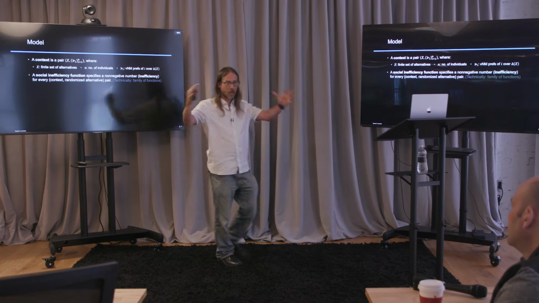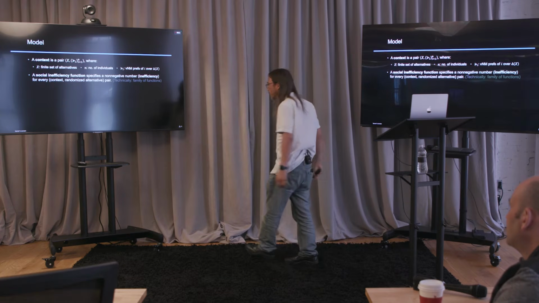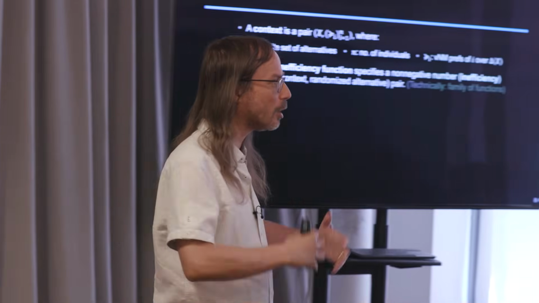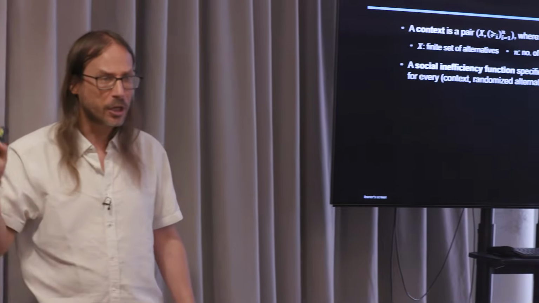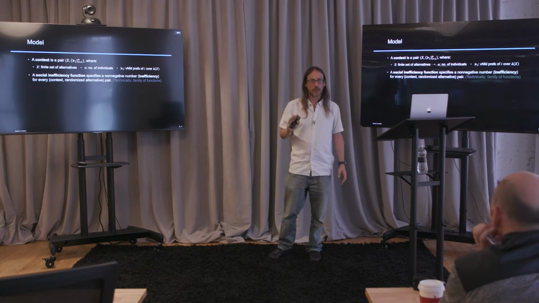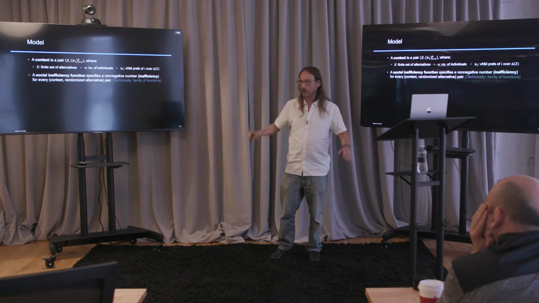So we can ask in this context, this specific lottery over alternatives, what's the inefficiency of this? I should note before the mathematicians in the audience object, I know this is not a function technically, there is no set of all contexts, therefore this is not a function, technically it's a family of functions, but nothing that I'm going to do today is going to give any set theoretical issues. So I'm going to call this a function and we're going to be fine with that.